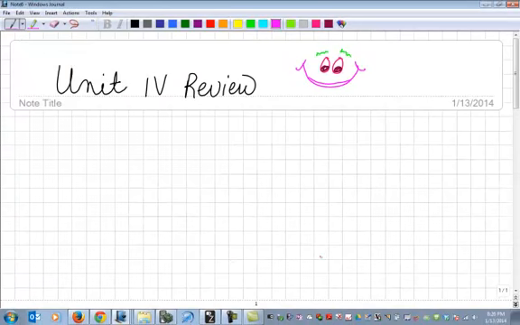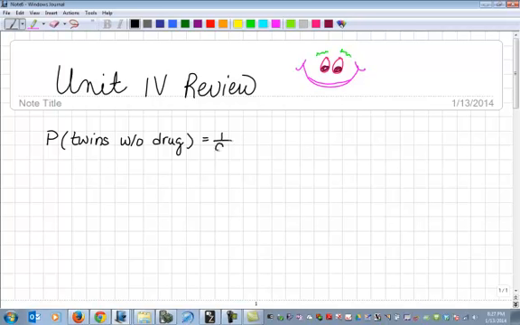So, I know that the probability of twins without the drug is 1 out of 90. And of course, we can make that into a decimal if we wanted to.